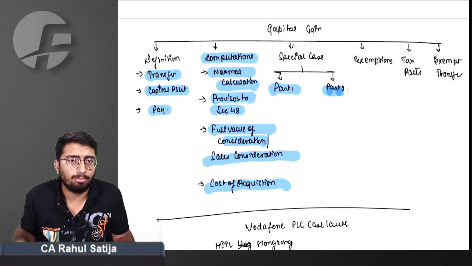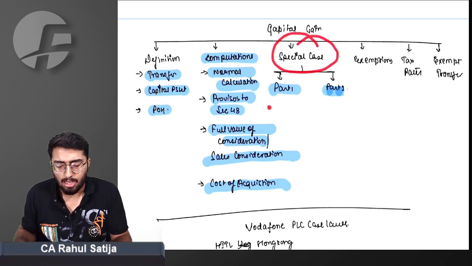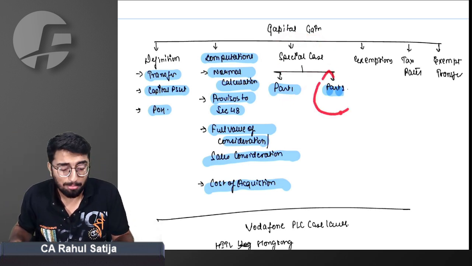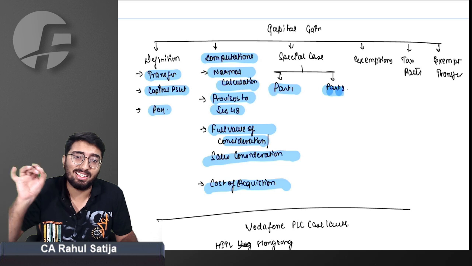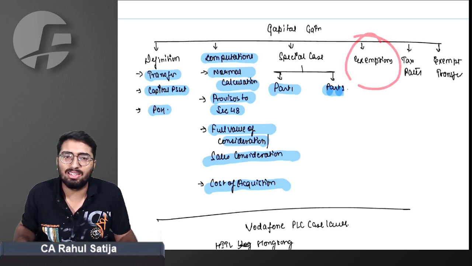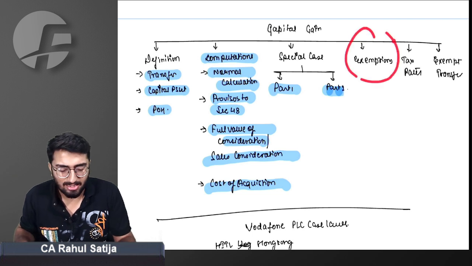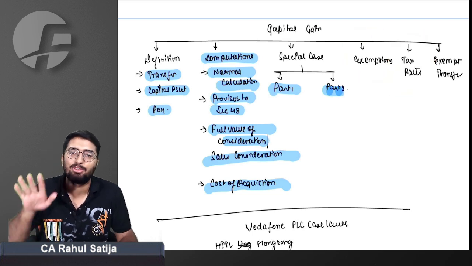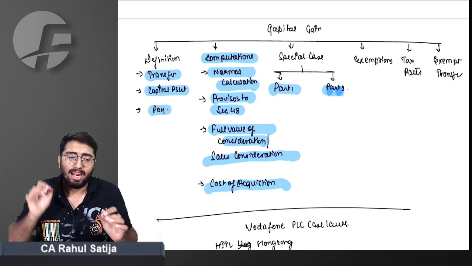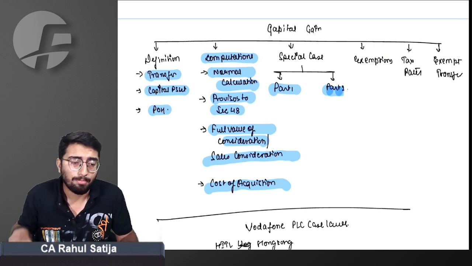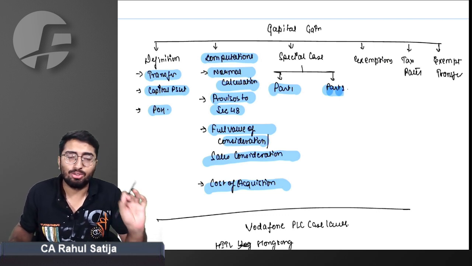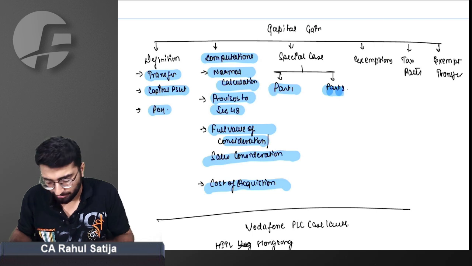And the most important portion of the chapter, that is special cases: part 1, the first exception to section 45, and part 2, all the remaining special cases that are really very important for exams. Last but not the least, the most important are exemptions and tax rates. They are to be done very seriously. I want all of your attention, at least for the next hour, on these topics so that we can finish them with good pace and complete clarity.